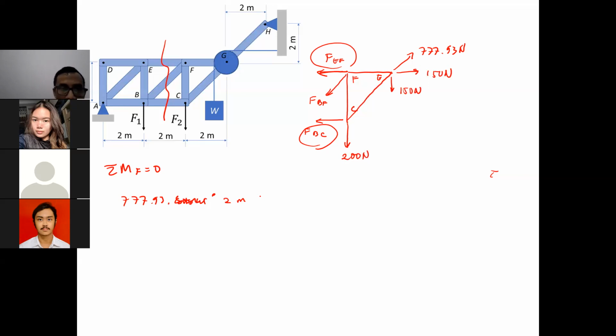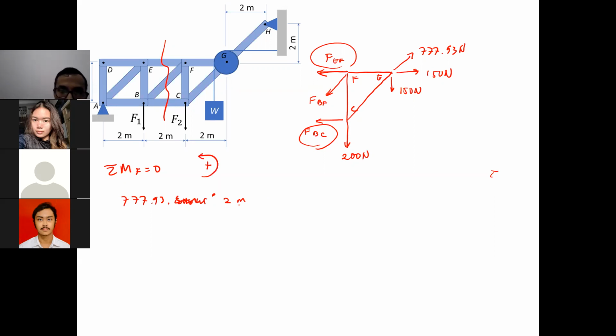What else do we have? The cos one will have no moment component, so we don't need to write it. 150 degrees horizontal, there will be no component of moment there. 150 degrees vertical, there will be, 2 meters.